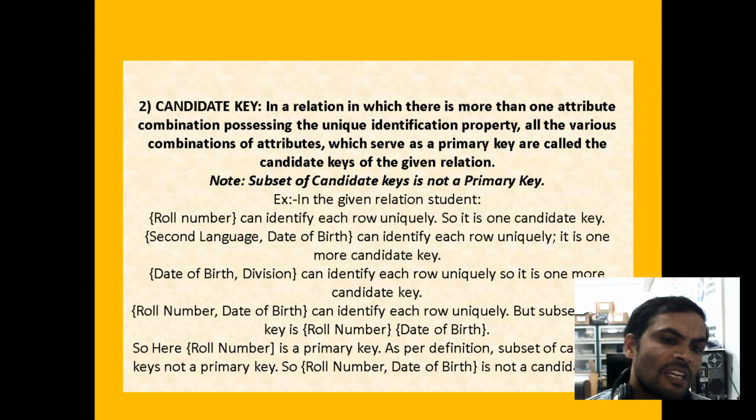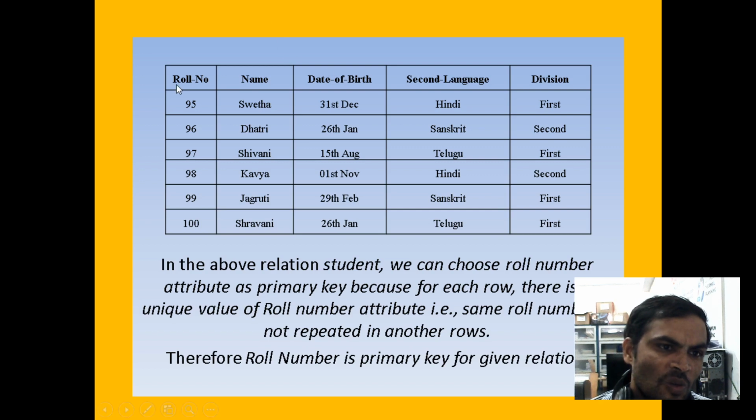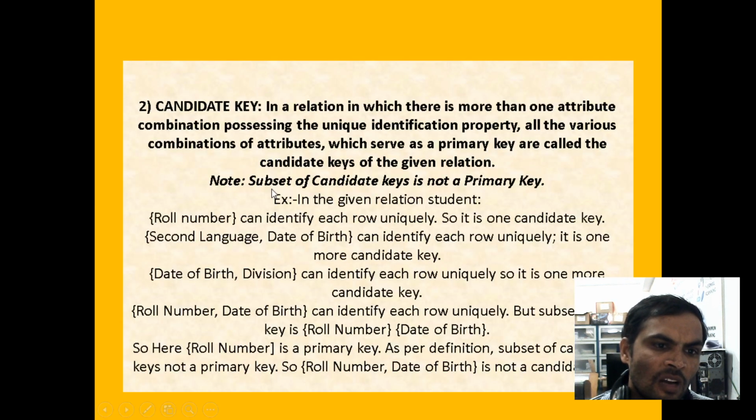The subset of the candidate key is not a primary key. See here, if you declare two attributes as a candidate key, roll number and name, then the subset of the candidate key is not a primary key.